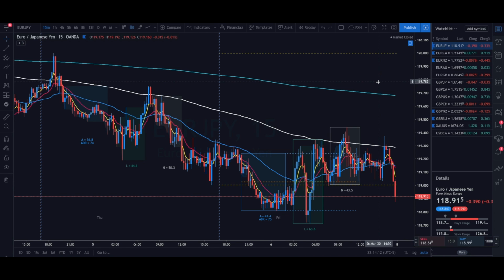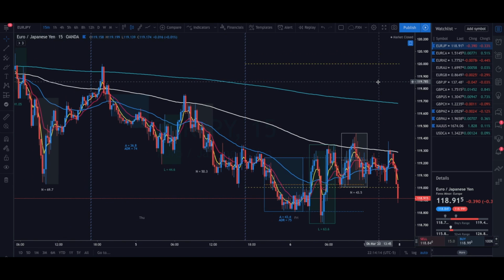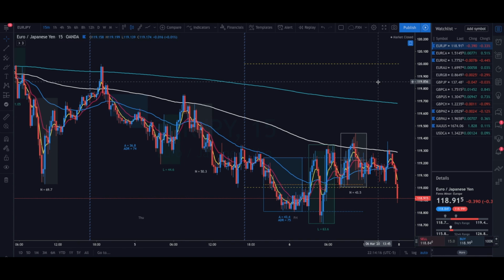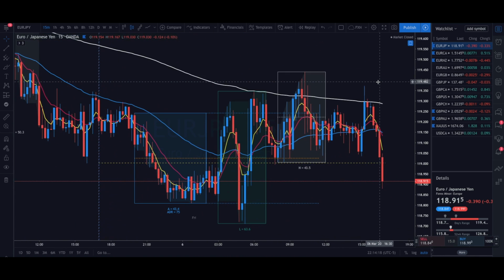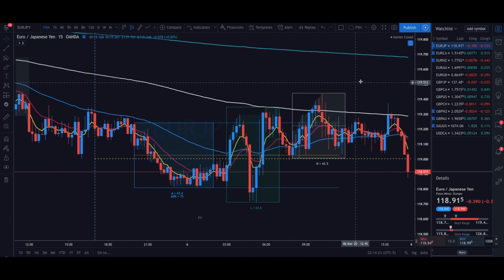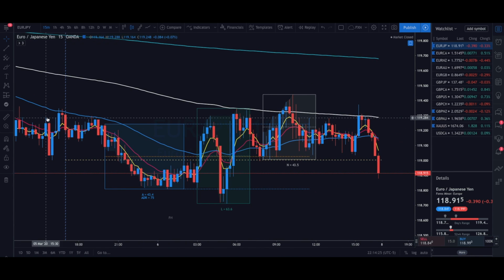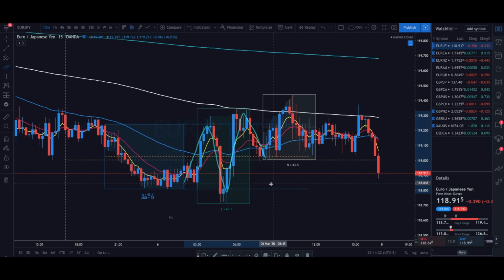A couple things that I want to mention first on Euro JPY is on Friday. Take a look at what happened on Friday here. A lot of times, guys, you're going to see stuff like this. This right here is not an example of an M that we want to be able to trade.